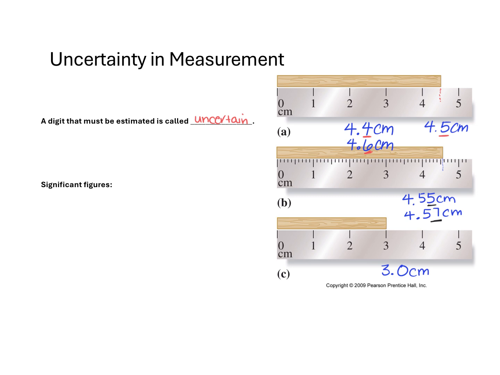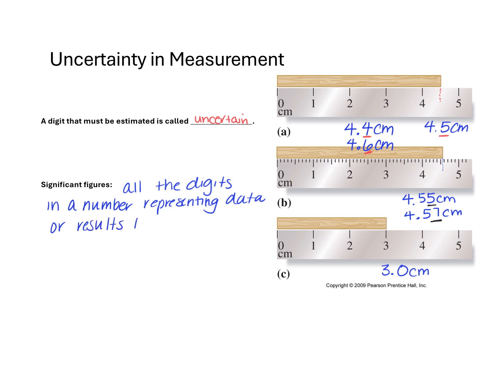So significant figures are all the digits in a number representing data or results that are known with certainty.